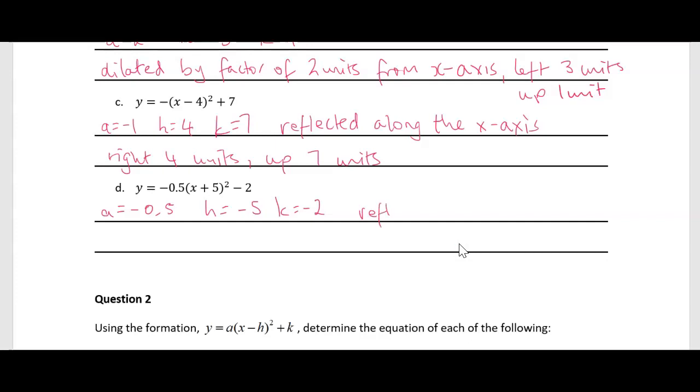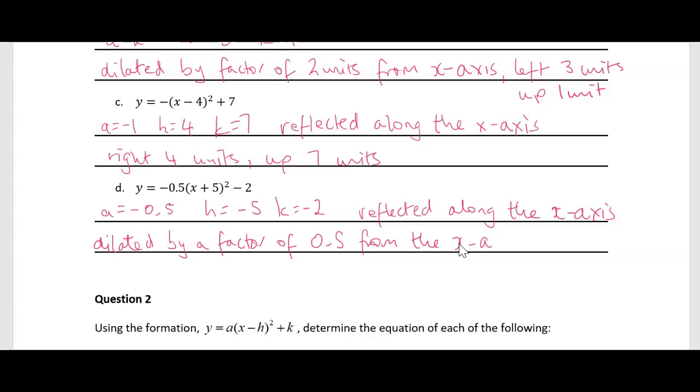So reflected along the x-axis, dilated by a factor of 1/2. Now we don't say -1/2, just say 1/2, dilated by a factor of 0.5, or if you wrote it as a fraction, half is fine, from the x-axis.